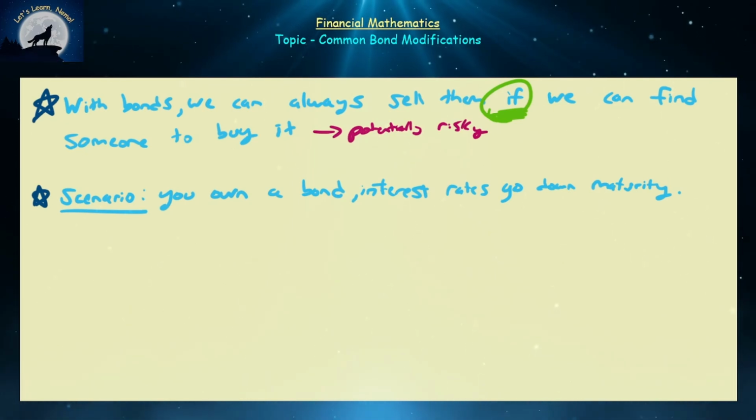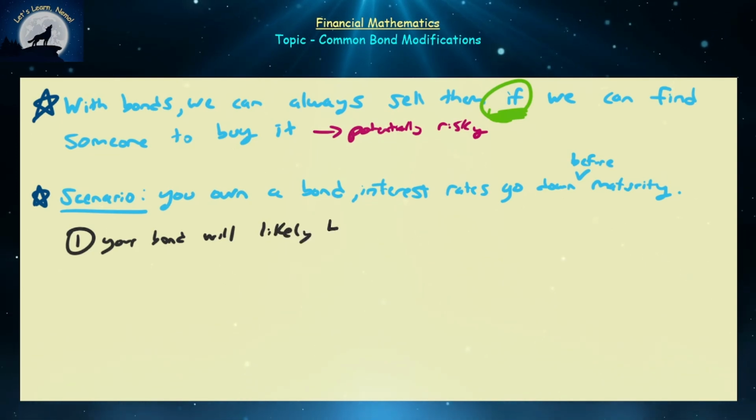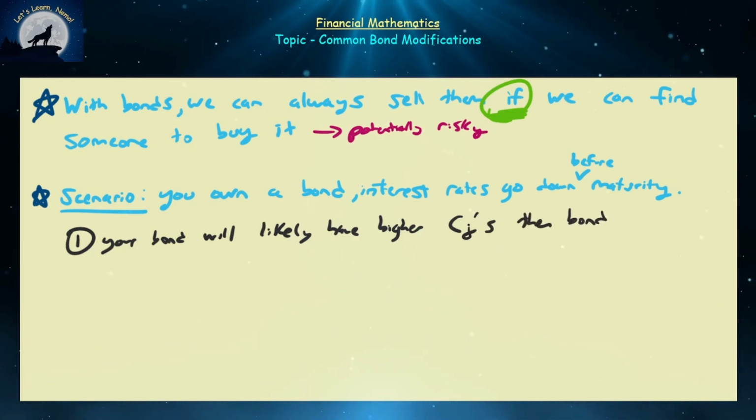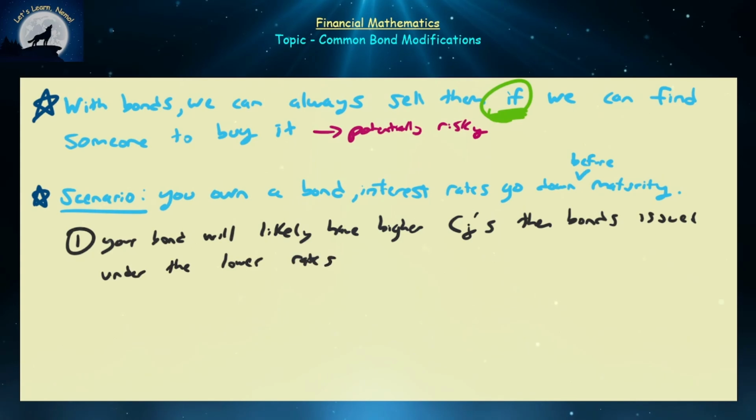So let's consider this scenario. You own a bond and interest rates go down before maturity. So what type of things would you expect? The first thing will be as follows. Your bond will likely have higher coupon payments than bonds issued under the lower rates, right?